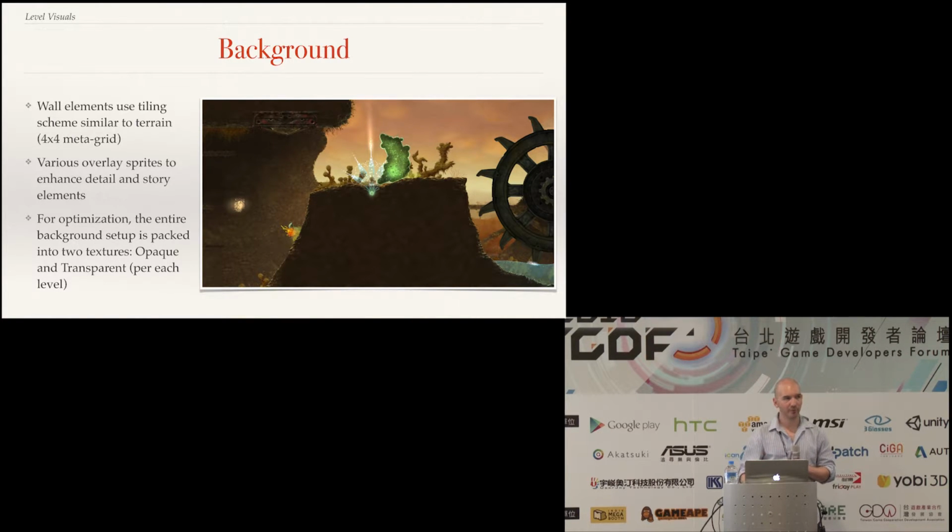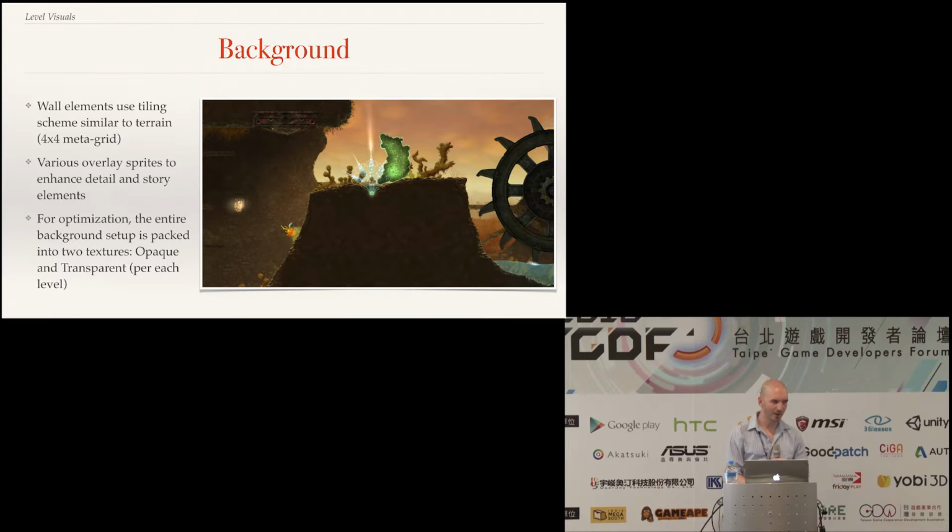Background. So we have the 4x4 meta grid, so we can make whatever type of wall that we want. There are different detail and enhancement overlays. And all of this is packed into only two textures, and this is the most important part.